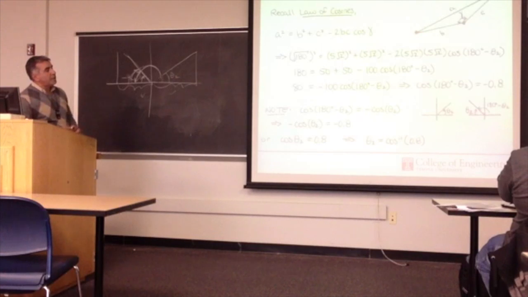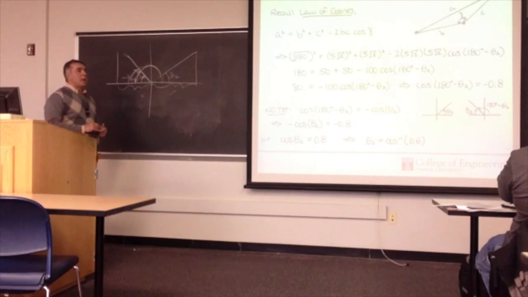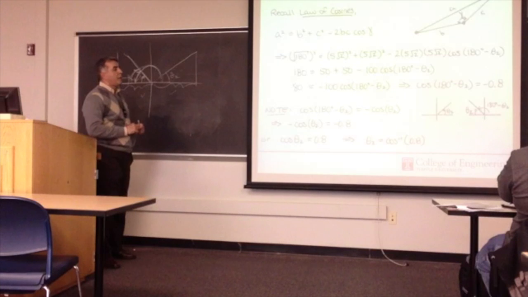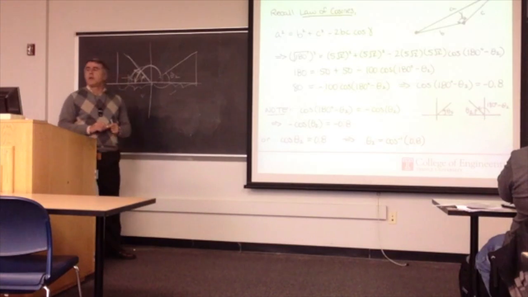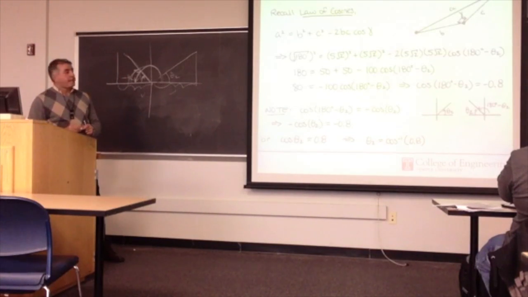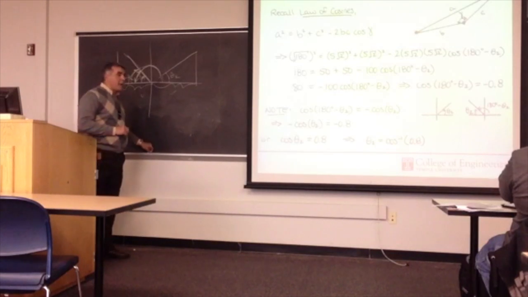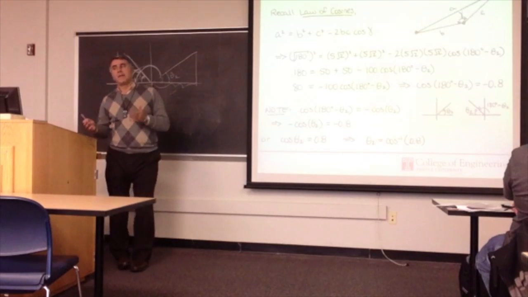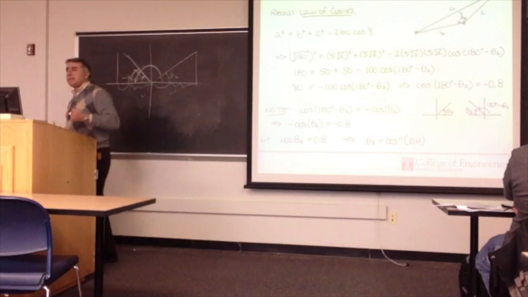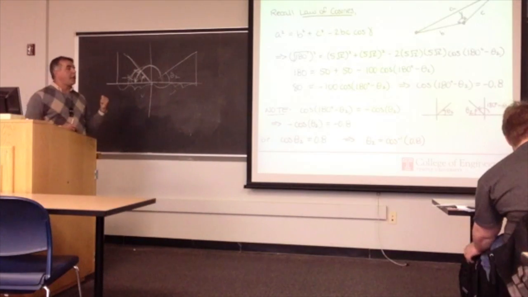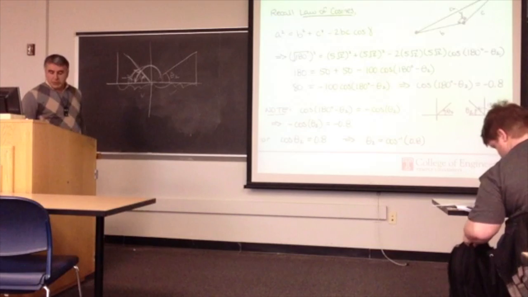What this simply gives me is that theta 2 is the arccosine, or inverse cosine, of 0.8. I hope by now you all have a scientific calculator that you can easily use to find what the cosine of 0.8 is, because you do need it.